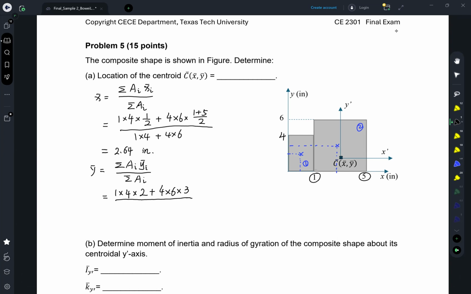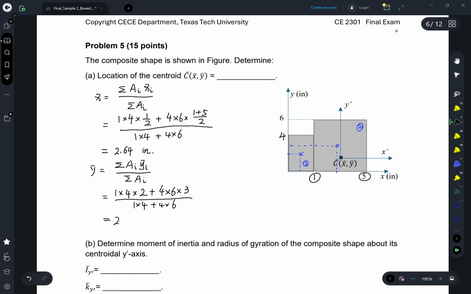Okay, so divided by the total area. So you have it equals, the numerator is 1 times 4 times 2, plus 4 times 6 times 3, divided by the denominator, the total area, which equals 1 times 4 plus 4 times 6.